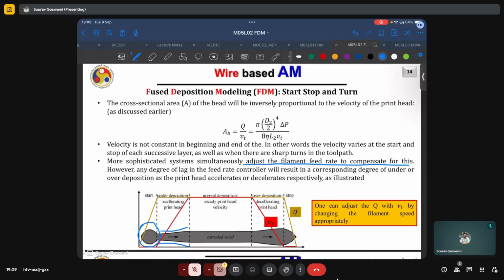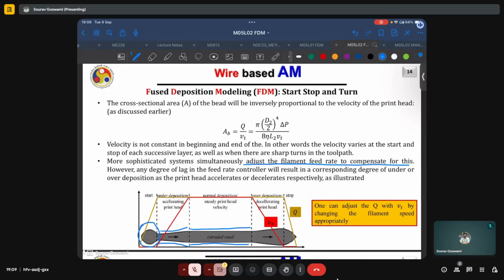Then the velocity is also constant, and the material flow rate is also constant, leading to steady state deposition, typically in the middle of the bead. For processes like selective laser melting, such steady state is achieved within, say, 3 millimeter of the originating point of the bead.